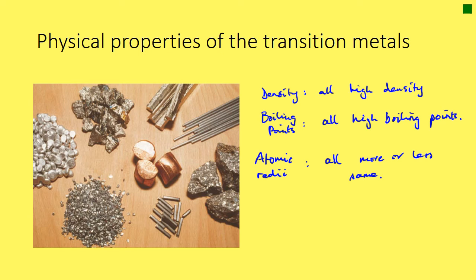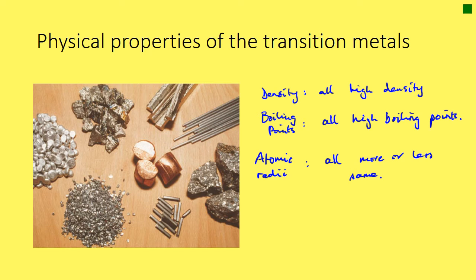So firstly, let's think about physical characteristics. They're the easier ones. So the physical properties of the transition metals. What we have here is a bunch of transition metals for you. And what we can say about the physical properties of the transition metals is that they're all pretty similar. So in terms of density, they're all high density.